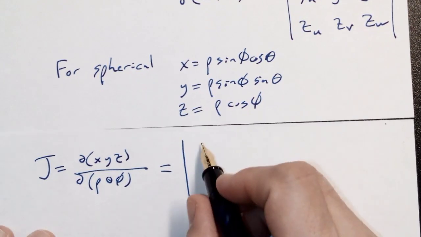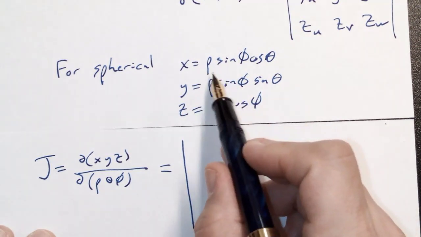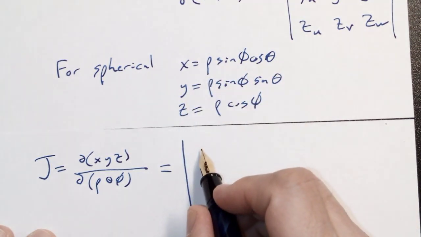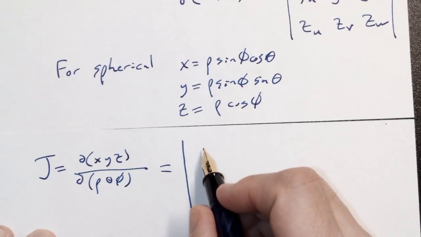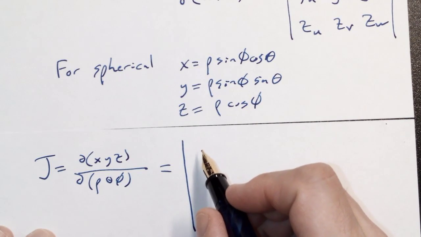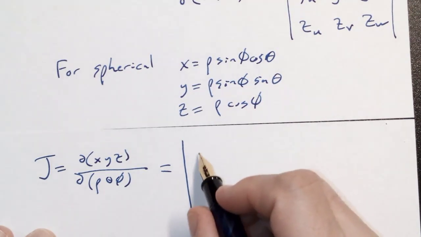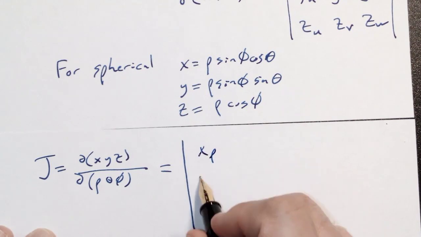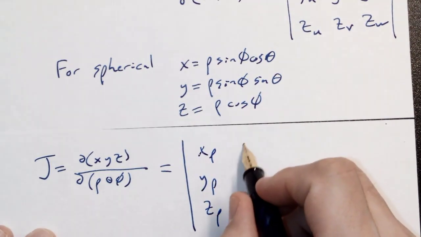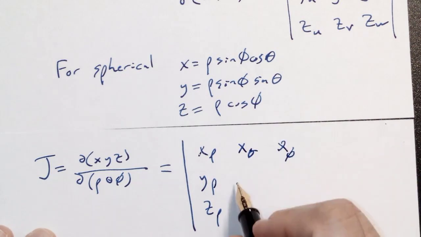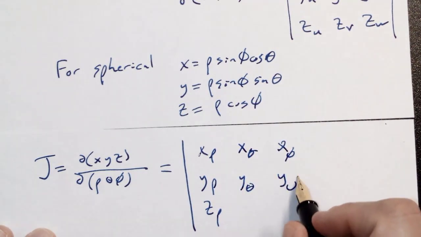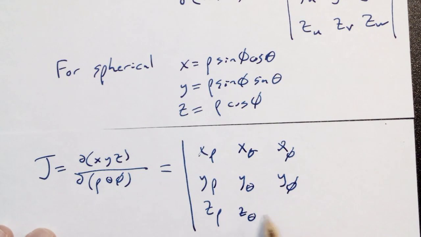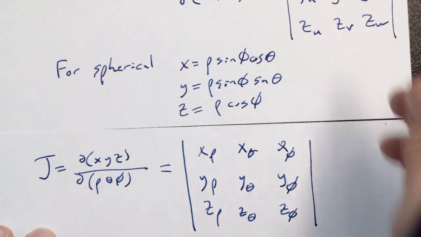That means I need x rho, the derivative of x with respect to rho. X rho, y rho, z rho, x theta, x phi, y theta, y phi, z theta, z phi. But now I need to actually put those things in.